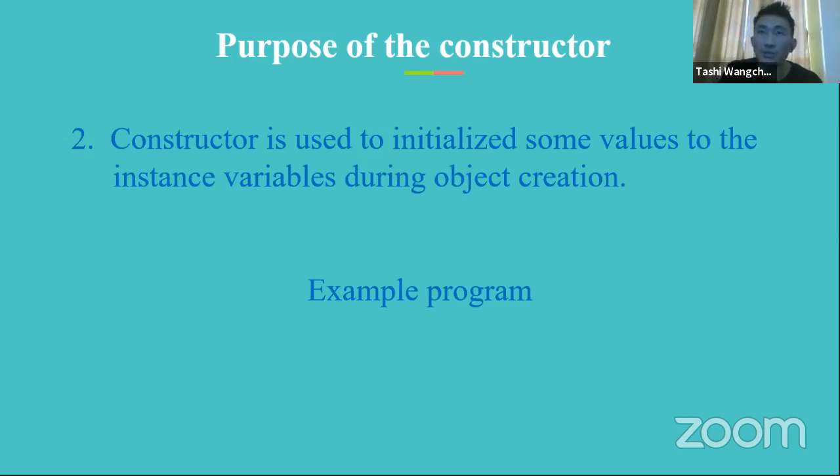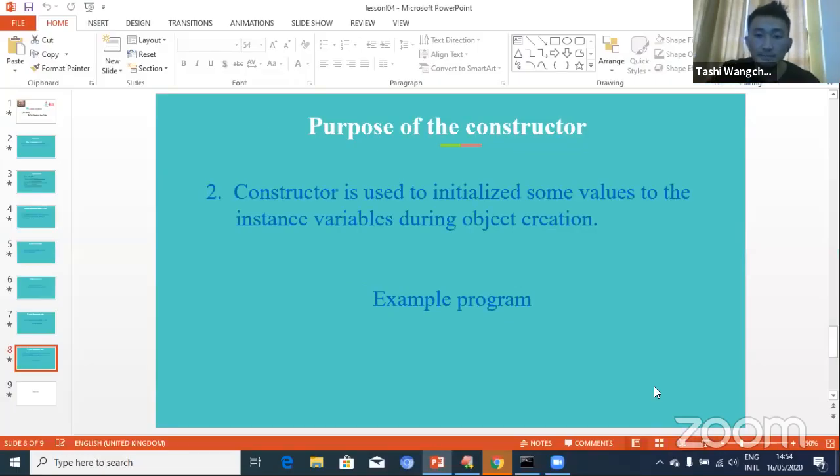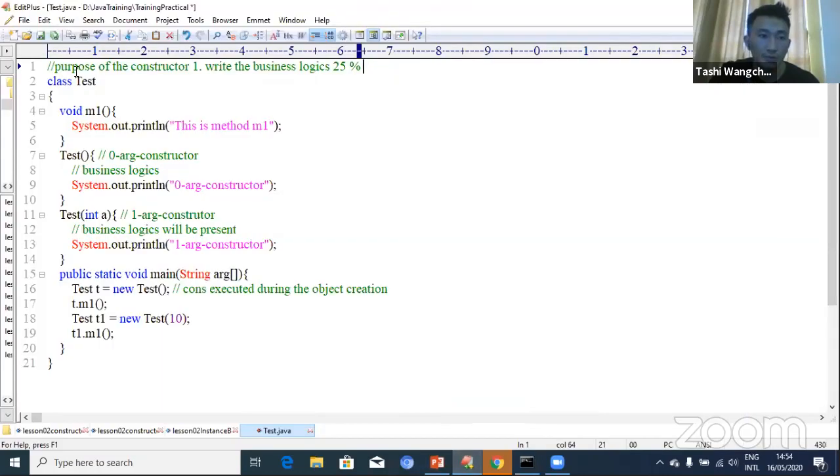This purpose is used 75% in real-time project development, so you have to understand this clearly. Constructor is used to initialize some values to the instance variable during object creation. Now how it is initializing those values to the instance variable during object creation, we want to do it practically and understand it. So let's try to do it here.